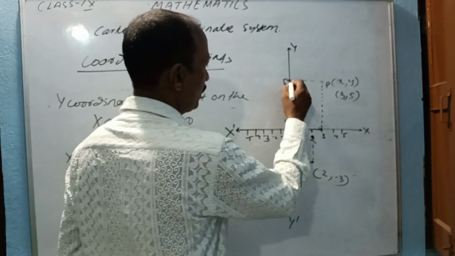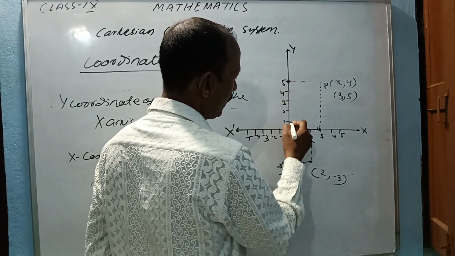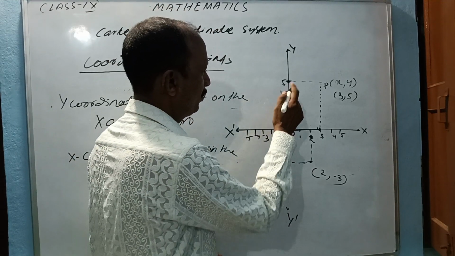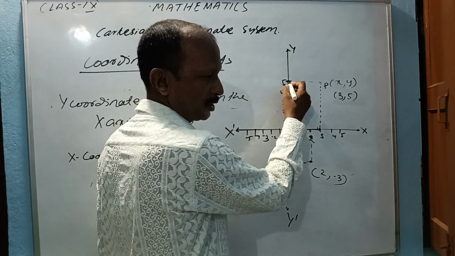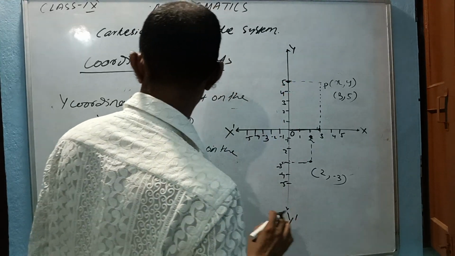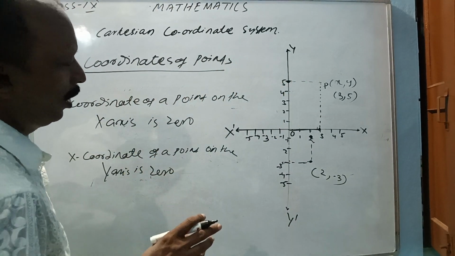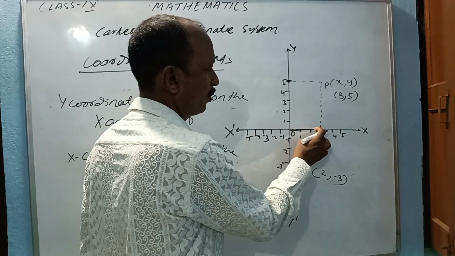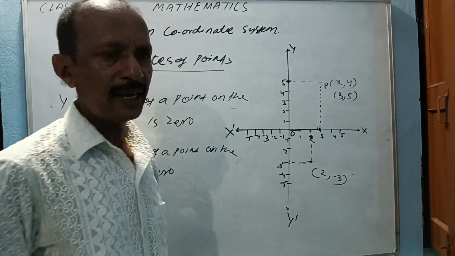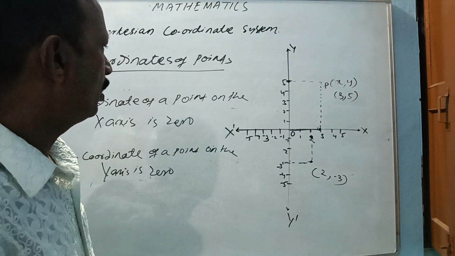On the y-axis any point, its x-coordinate will be 0. Why? Because its perpendicular distance from the y-axis is 0. So, any point on the x-axis means its y-coordinate is 0. If it is on the y-axis, its x-coordinate will be 0.